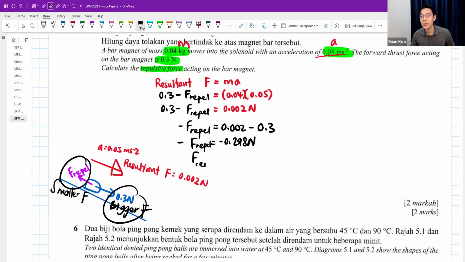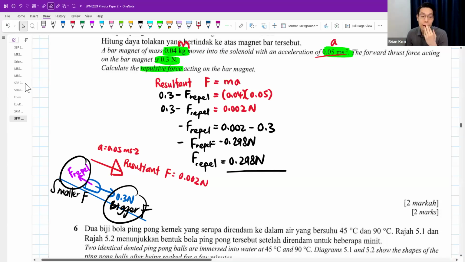The repulsive force is positive 0.298 newtons. Okay, that's how you do it. I did it quite long, but how you want to write it is really up to you, as long as you multiply your ma together and you know you need to take 0.3 minus the repulsive force. Make sure you have your unit as well.